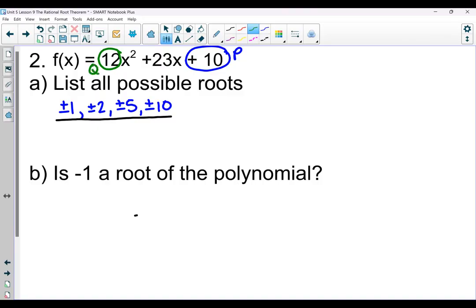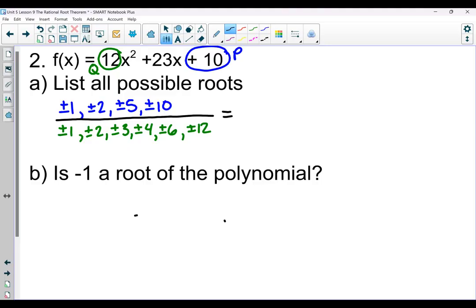Those are going to lead to our Q's. Factors of 12 are 1, 2, 3, 4, 6, and 12. Remember, factors are what multiply to the number. So 3 and 4 are factors because 3 times 4 is 12. 2 times 6 is 12. 1 times 12 is 12.